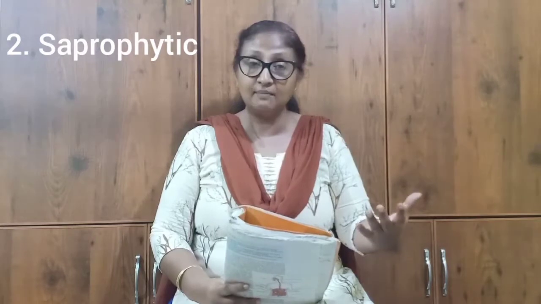They live on dead and decaying matter. Once again, saprophytes are organisms which act upon complex organic substances. They break down these complex organic substances outside and once it is made simple, it is absorbed and incorporated into the body.